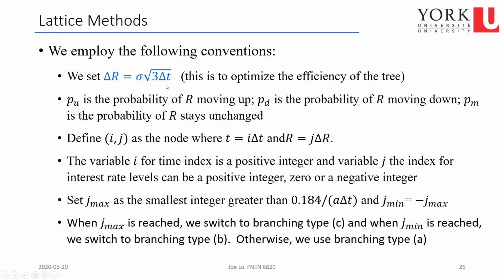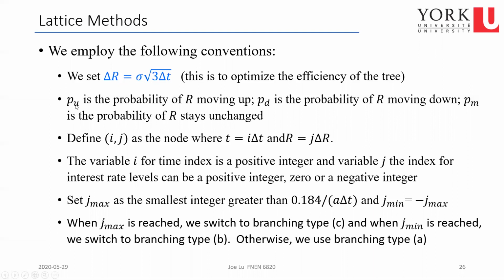They said the best way for numerical efficiency is to set the step delta R equal to sigma times the square root of 3 times delta t. So if you have R as 0 here, then this is delta R up, this is minus delta R, and the distance is sigma times the square root of 3 times delta t.